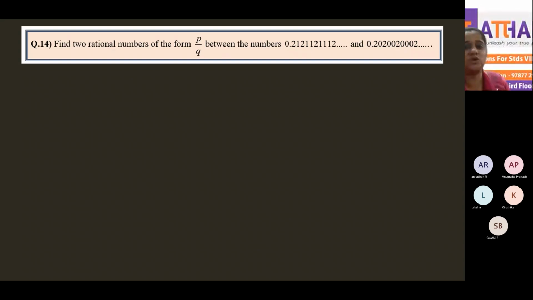It's between 0.20 and 0.21. Yeah. So take more digits. 202. Take more digits. 202 and 212. See, if you take 0.20 and 0.21, nothing is there, right?